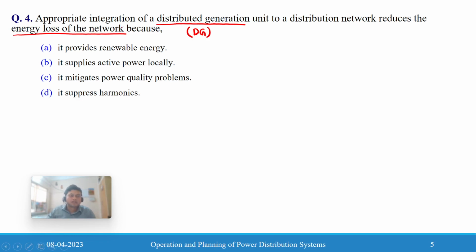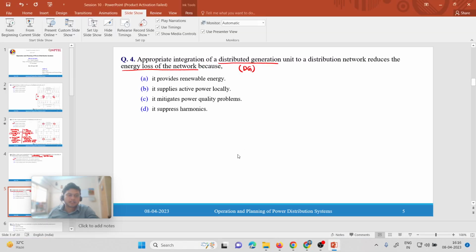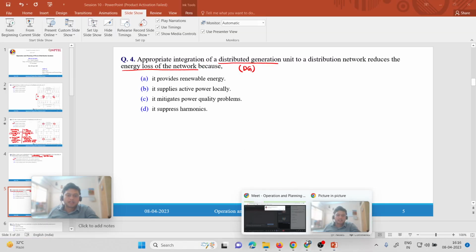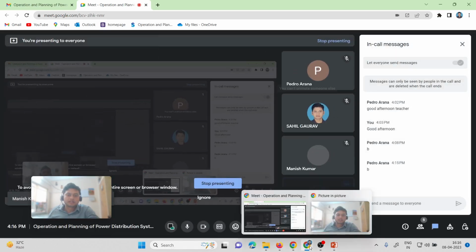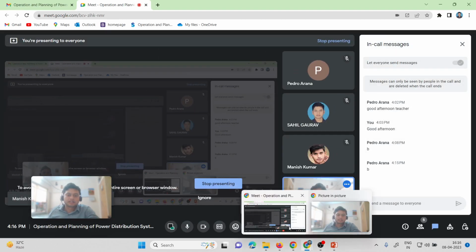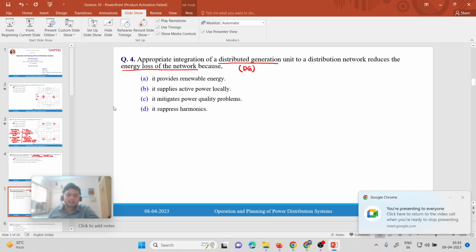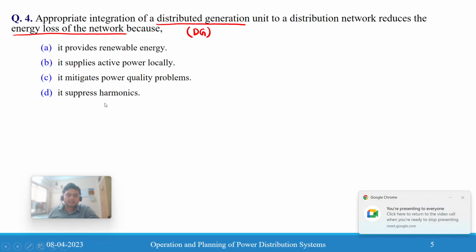So we all know that distributed generations are connected at the distribution side or at the customer side. So it supplies the active power locally and so we can reduce the power loss in the network. So for this problem, this B option is correct.